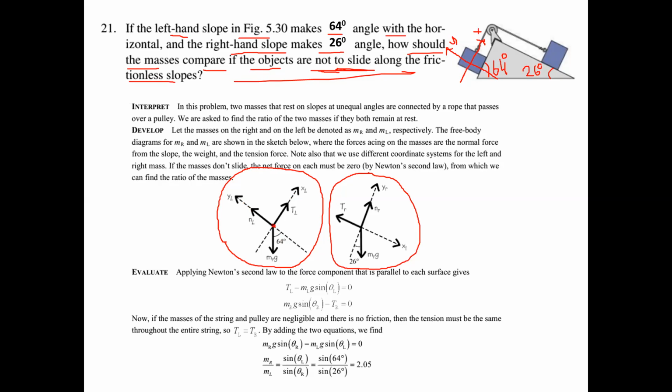In a free body diagram, you show all forces exerted on your object. You can easily see that along the x direction you have a tension. Let's denote this tension as T left, the tension on the left mass, TL. This is mg, the weight of your object.